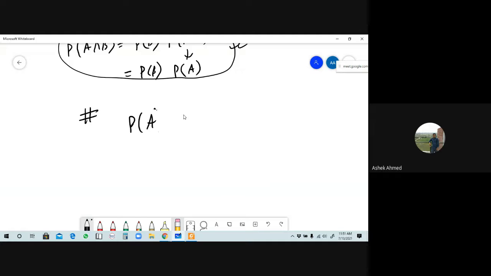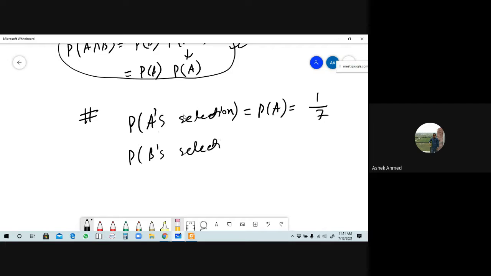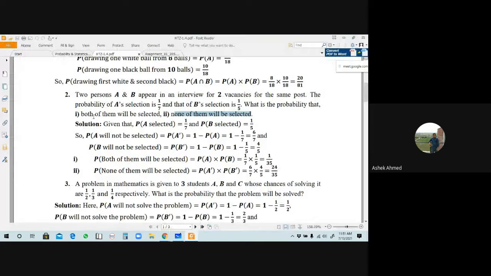You can say this will be probability of A, that is 1/7, and probability of B selection will be probability of B, that is 1/5. Now you have to find the probability that both of them will be selected.